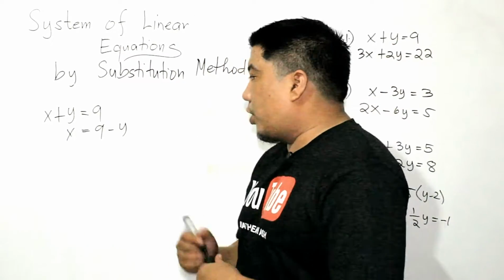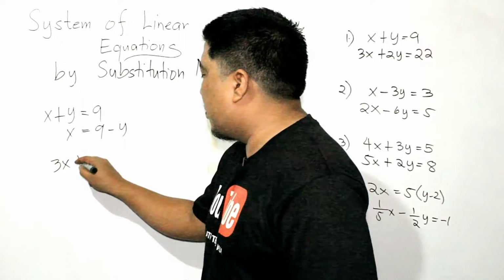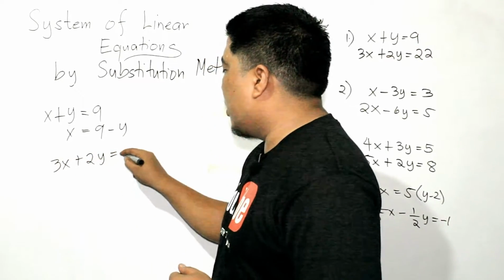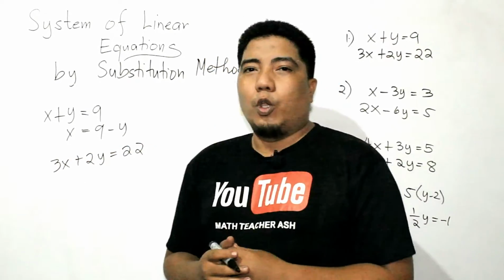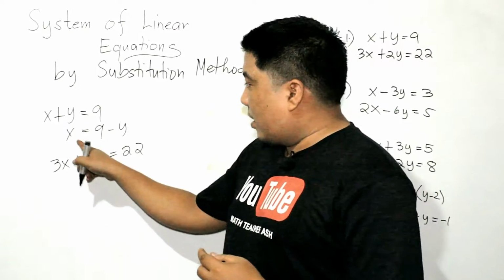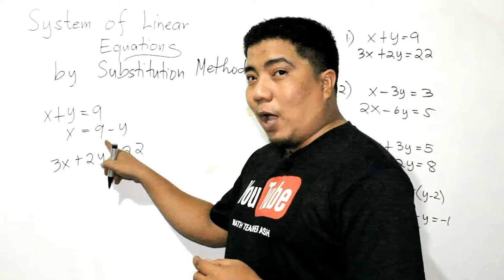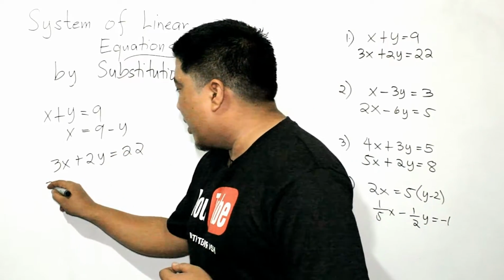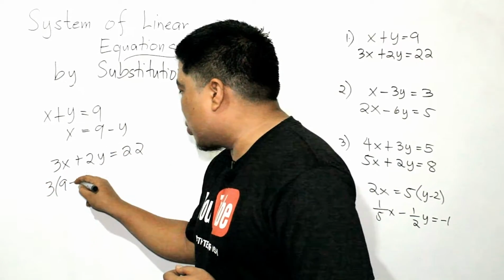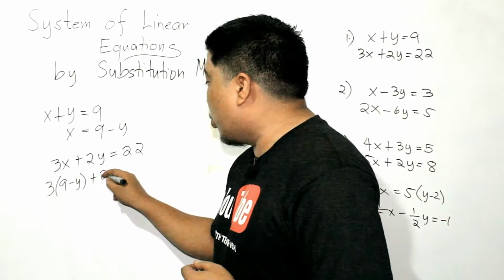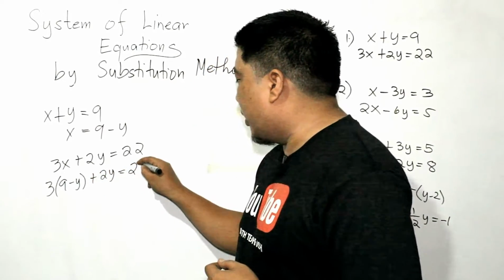My second equation is 3x plus 2y equals 22. So, what I do now is change my x to this value. I will substitute it, giving me 3 times (9 minus y) plus 2y is equal to 22.